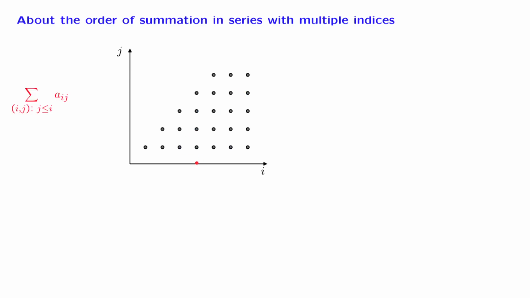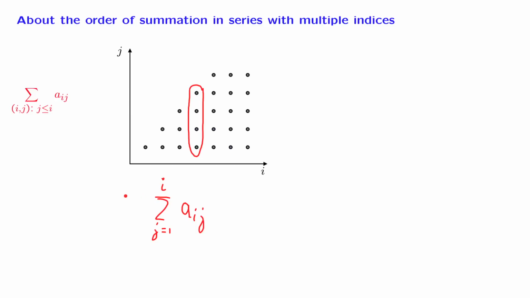One way is the following. We fix a value of i and we consider all the corresponding terms that correspond to different choices of j. But we only go up to the point where i is equal to j. This is the largest term. So what are we doing here? We're taking the coefficients aij and we are adding over all j's, starting from 1, which corresponds to this term, and j goes up to the point where it becomes equal to i.